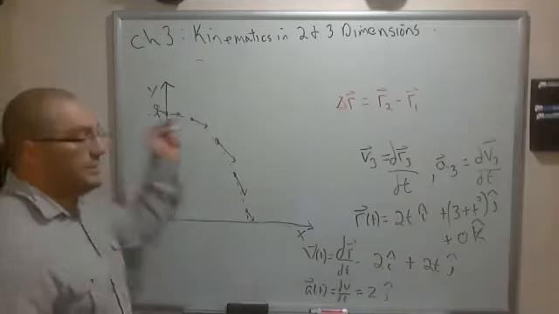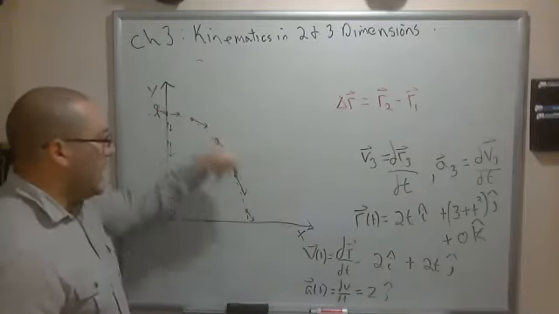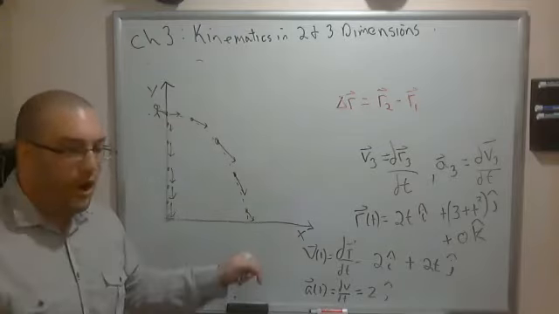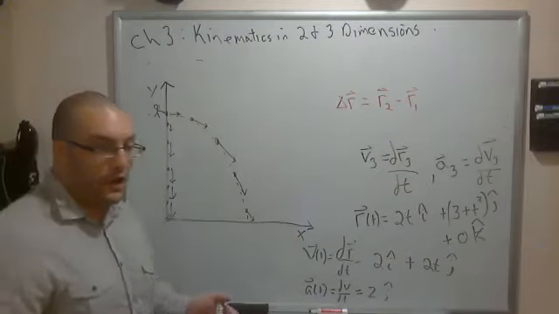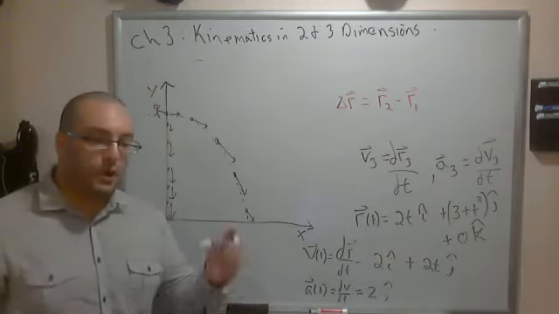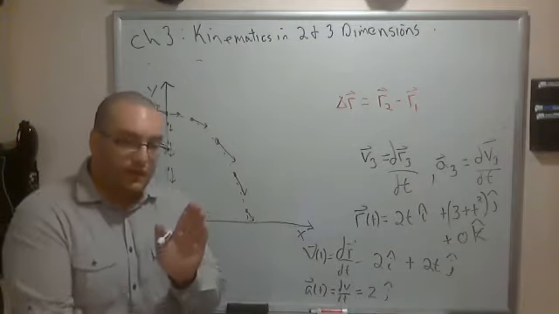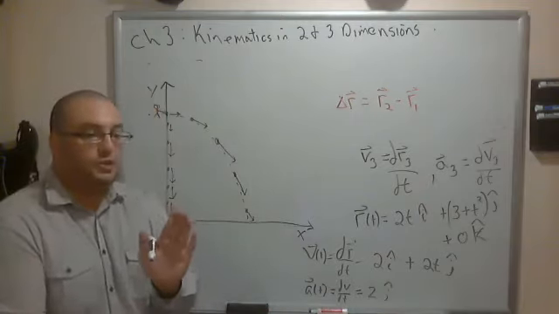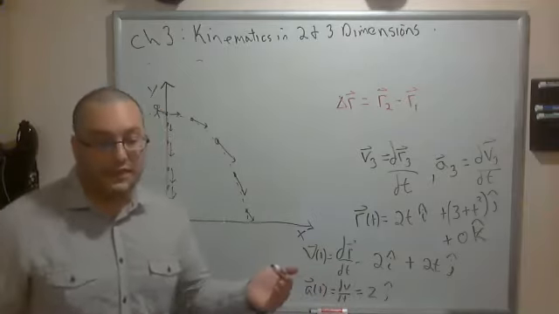So the velocity in the x direction does not affect the velocity and position in the y. X and y are completely separate. It's pretty amazing that this occurs, because when we break the vectors down into components, the mathematics allows us to separate this vector into two separate components. And the world works in that fashion.